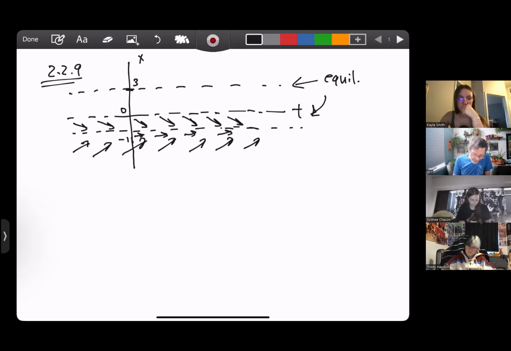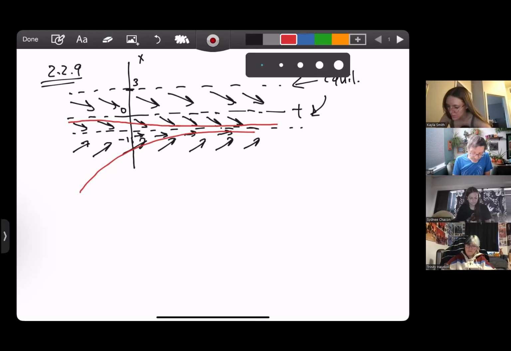inside here. And the trajectories inside here, let me do them in red. So down here, the trajectories are going to look like this. And here, they're going to be doubly asymptotic. So they're going to be asymptotic to the equilibria at 0 and then the equilibrium at -1. And then in here, let's say we've got this deal like this.